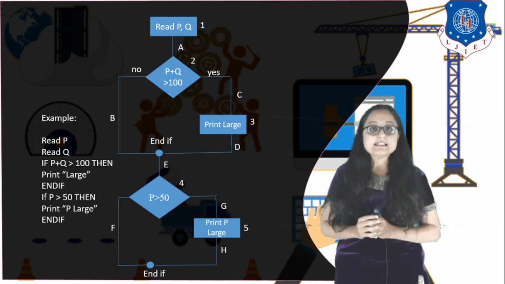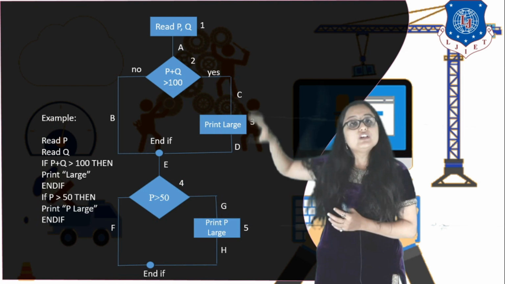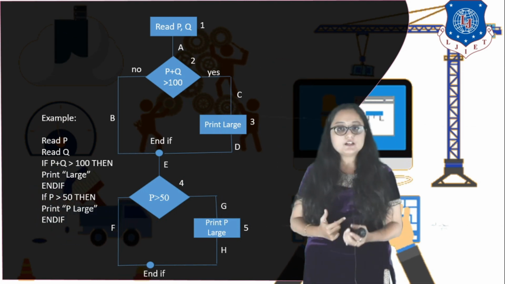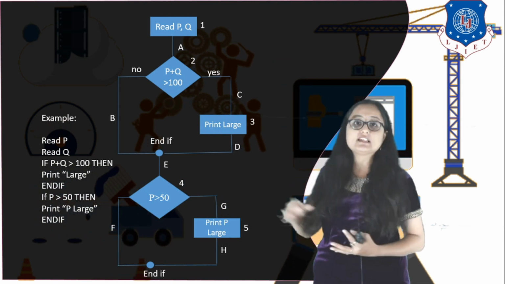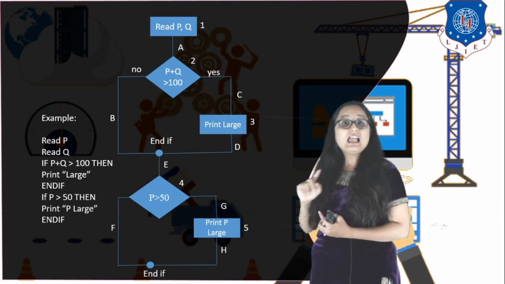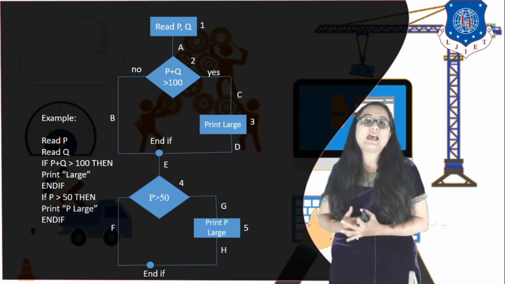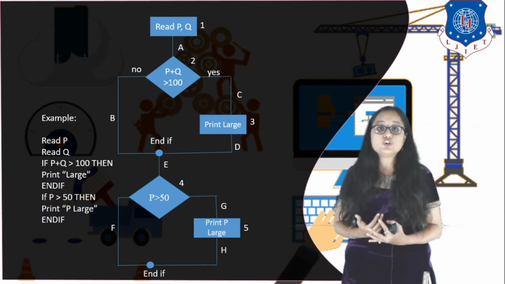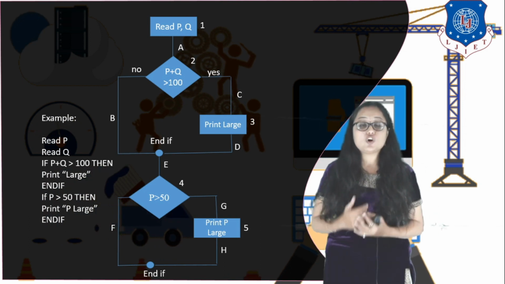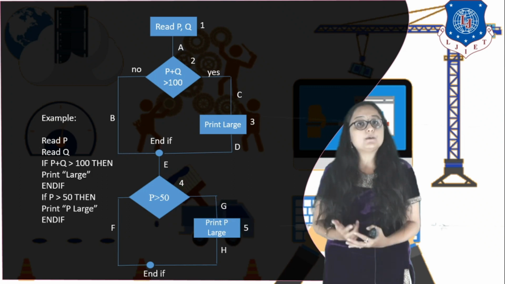Now you can see that this is a flow chart which corresponds to this example. We have given numeric numbers to the nodes, or you can say the statements that are executed in our code, and we have given an alphabet to the control flow edges. Now if I want to traverse a path, how will I write it?